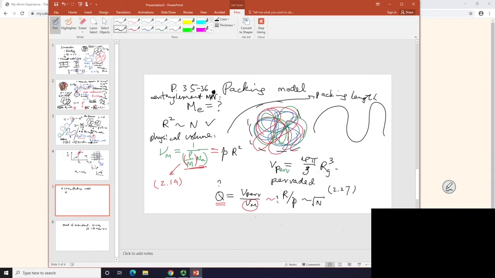But that coil is not space filling. It's just a coil, so it's a lot of empty space. So you need to introduce all other chains in it, the same volume. And Q asks the question: how many chains are there in your own volume to fill the space?